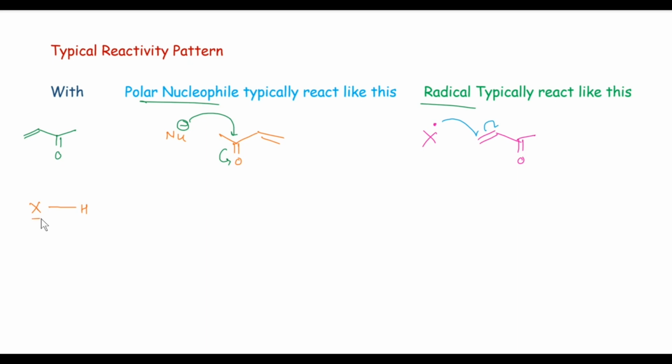Here C is oxygen, here X is oxygen or carbon. So the polar nucleophile, take as example a base.